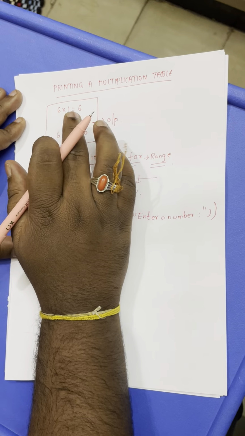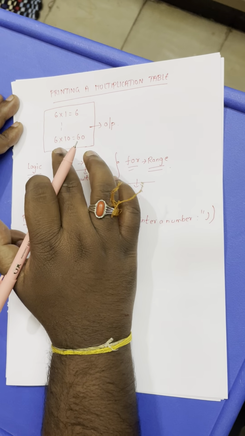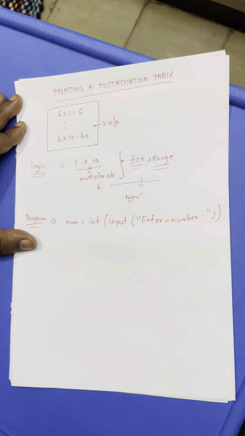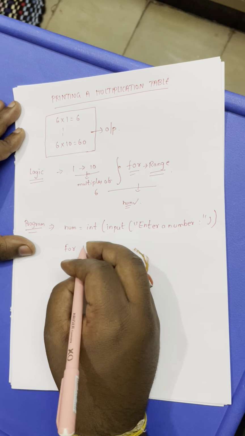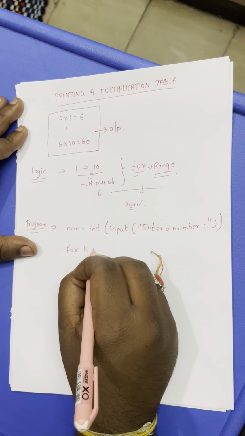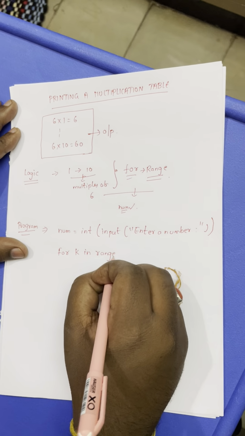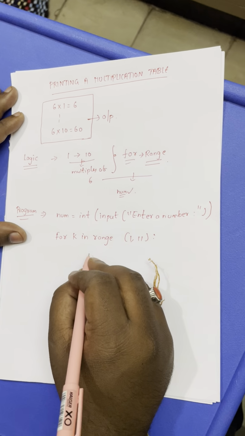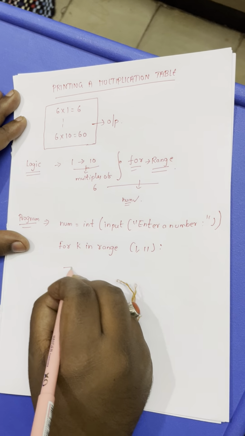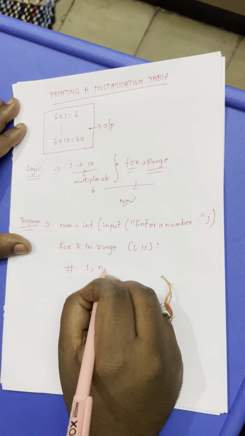To give the range. Before giving the actual logic of multiplication, we want to give the range in the sequence where the numbers should be printed. For that I am using a for loop and I am using k. So I am giving for k in range of 1 comma 11. Why am I giving 1 comma 11? Because in any range it takes the values from 1 to n minus 1.